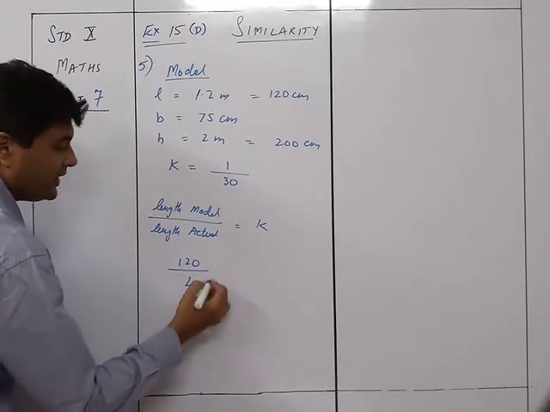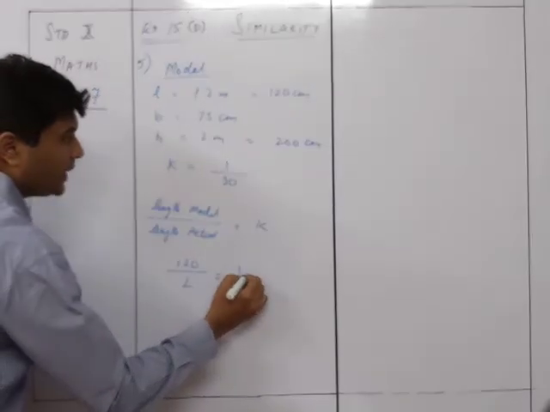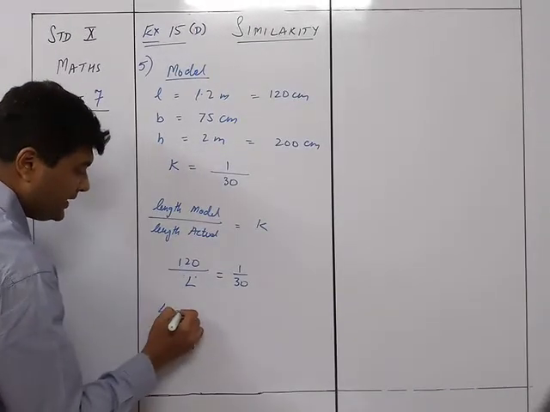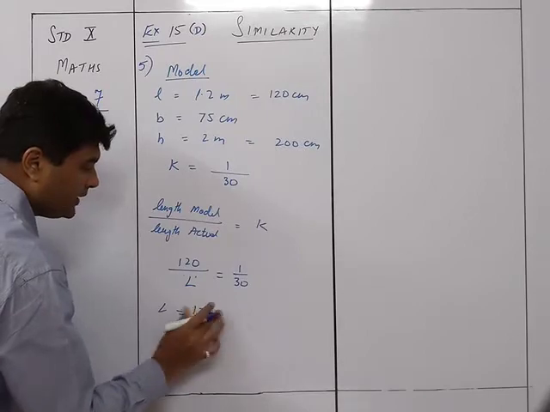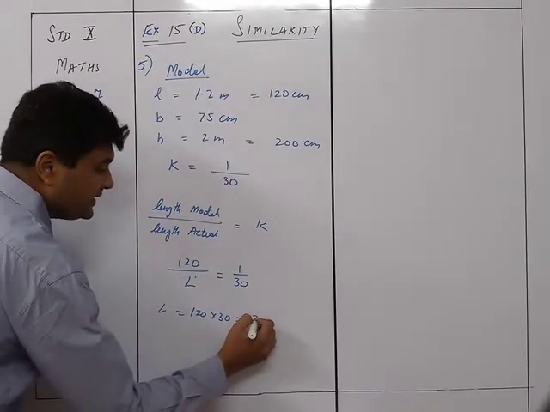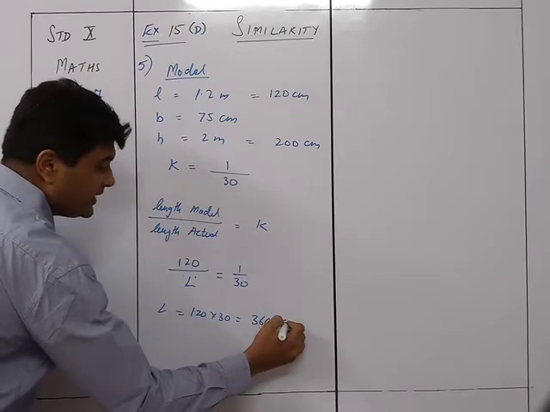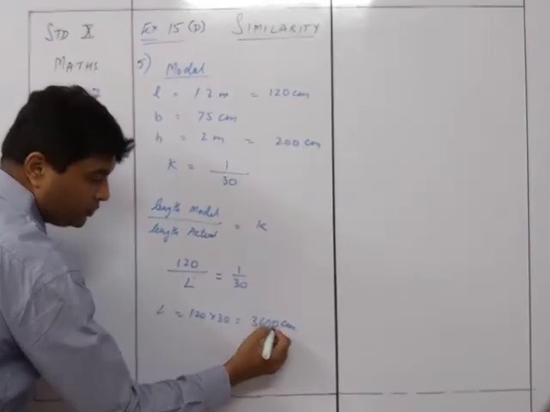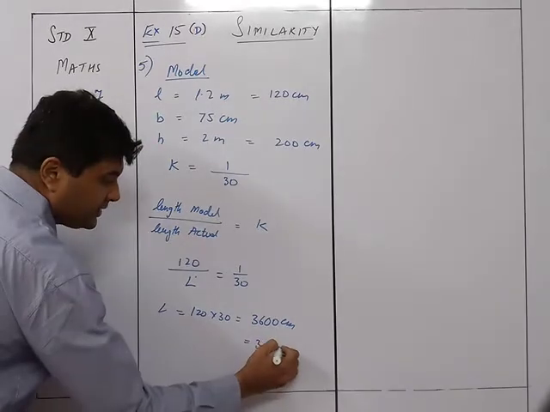We take it as capital L, which is equal to 1 upon 30. So capital L is equal to 120 into 30, that is equal to 3600 centimeters, which is 36 meters.